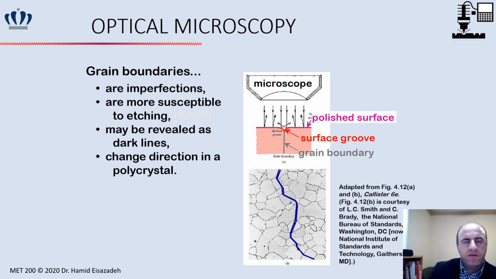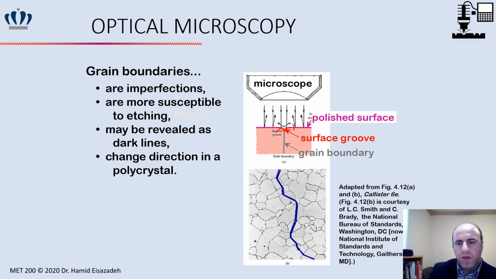You may ask how we can distinguish the grains under a microscope. When we look at the part, first you have to polish the sample, and then you see surface grooves between the grains.